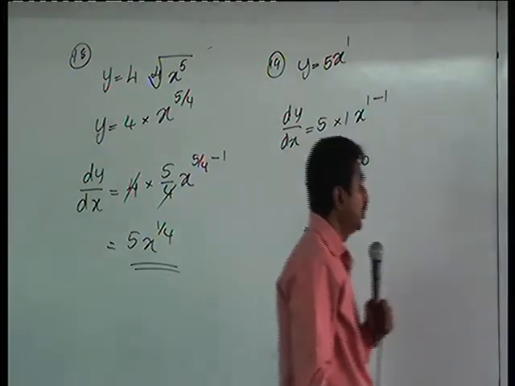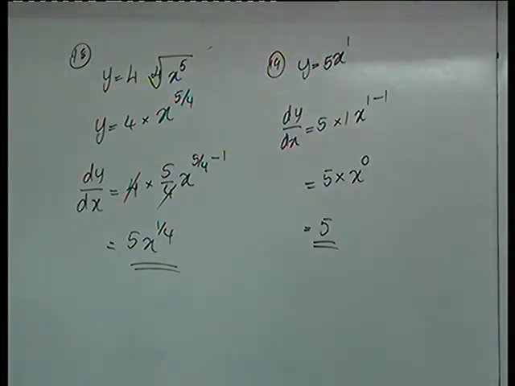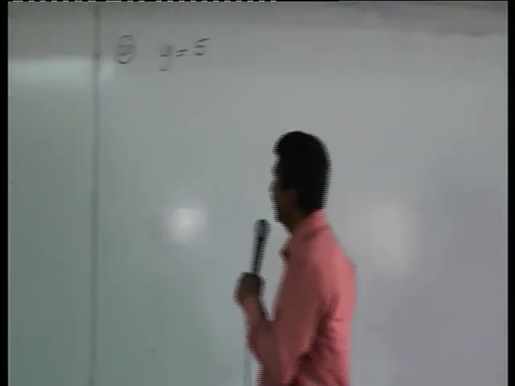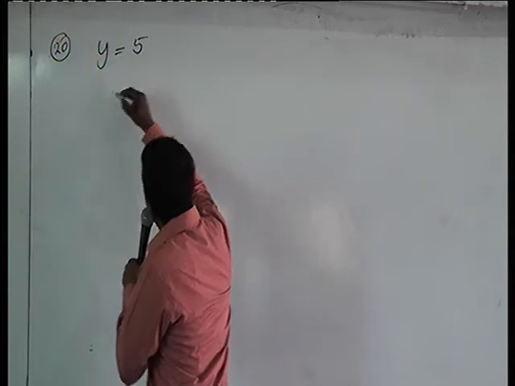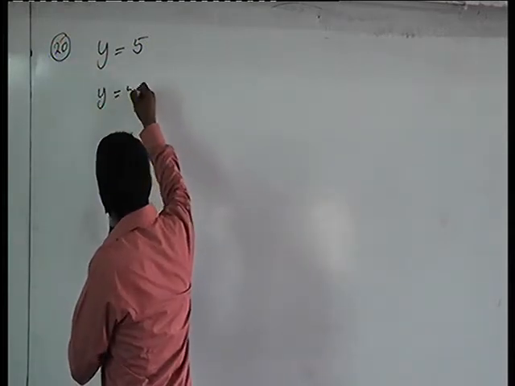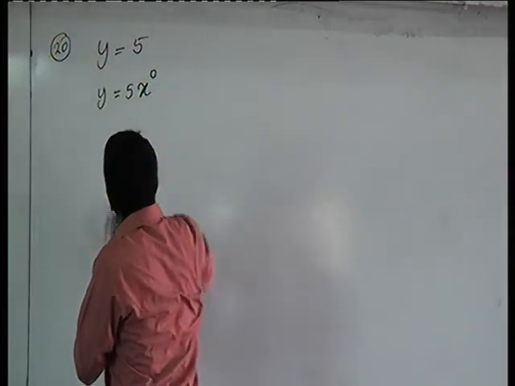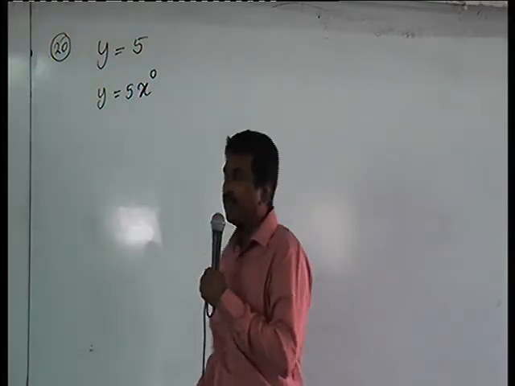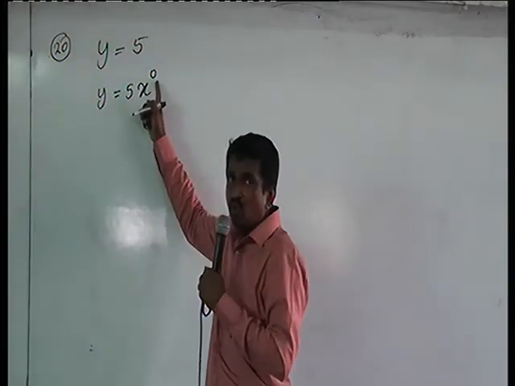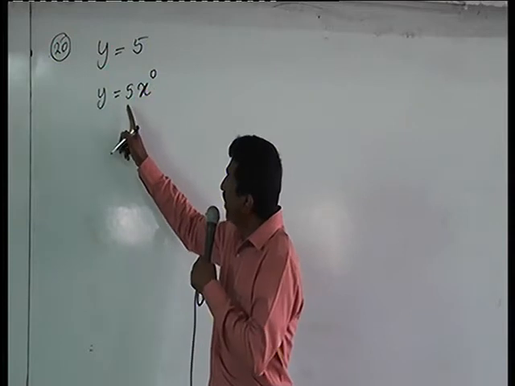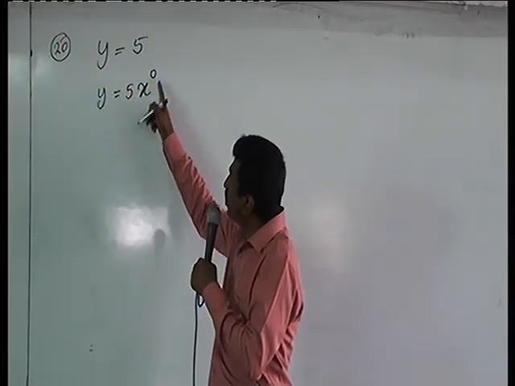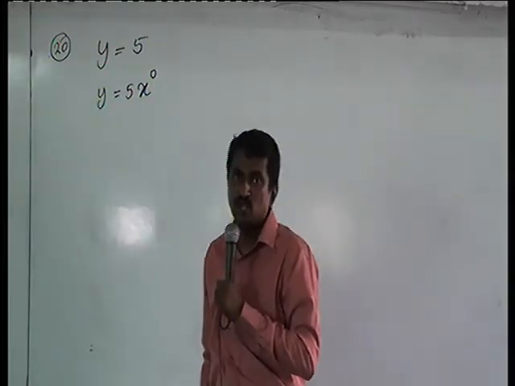So what we do here, we know that x to the power 0 is equal to 1. So we can write here y is equal to 5 times x to the power 0. No harm, because x to the power 0 is equal to 1. So we can write 5x to the power 0.